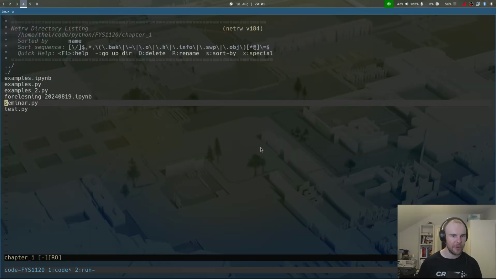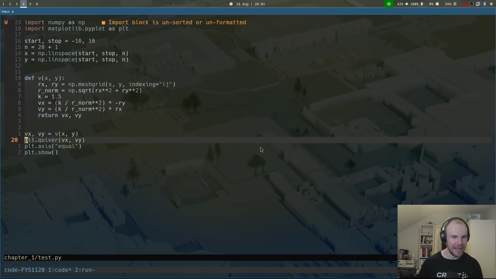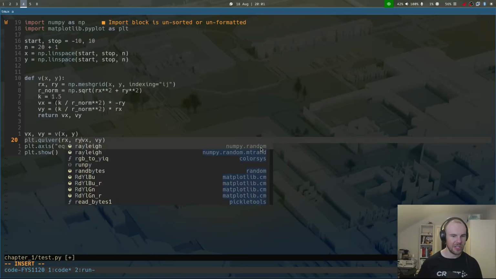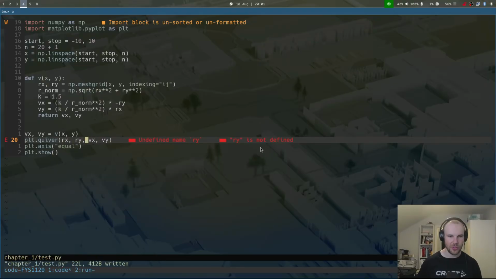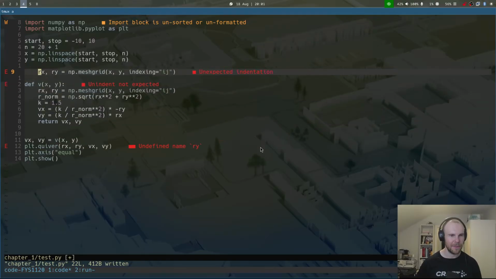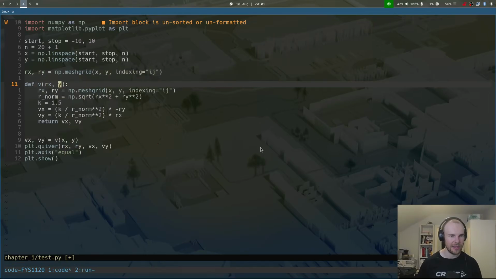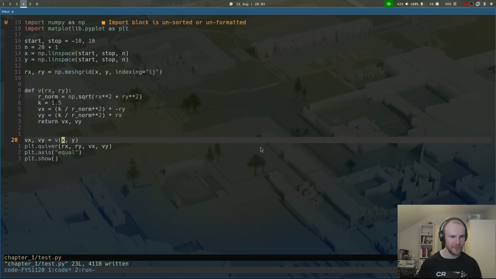Oh, the quiver is wrong. Damn, of course. Rx, Ry, there you go. You have to start from some point, right? I should actually just do this, then do this. Just say Rx, Ry. And now it should work.